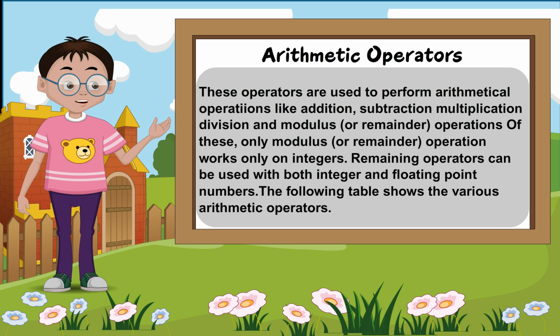These operators are used to perform arithmetical operations like addition, subtraction, multiplication, division, and modulus or remainder operations. Of these, the modulus or remainder operation works only on integers. The remaining operators can be used with both integer and floating point numbers.